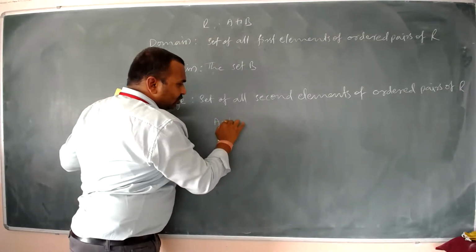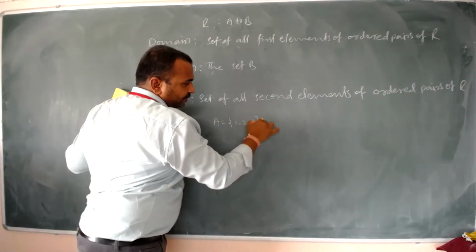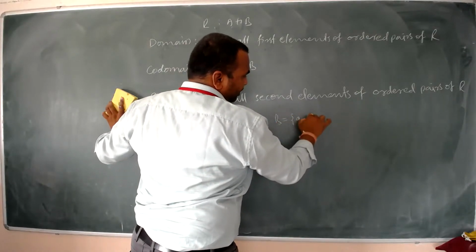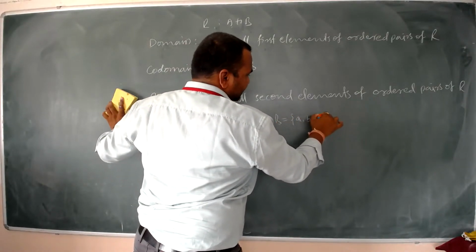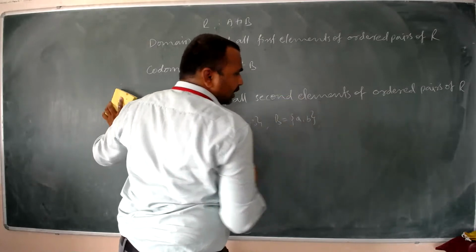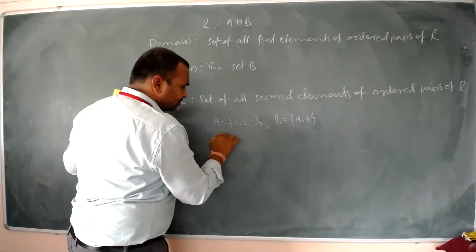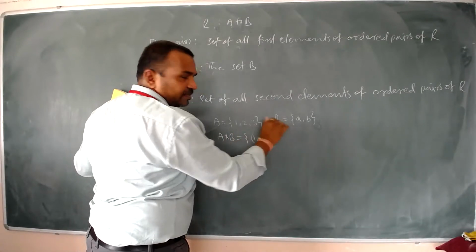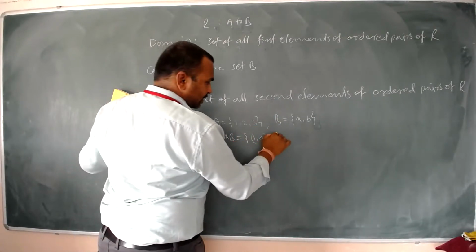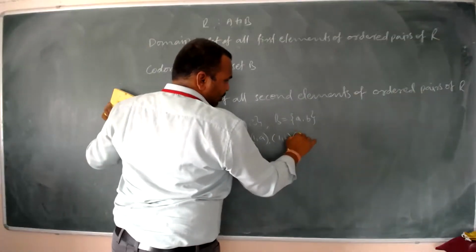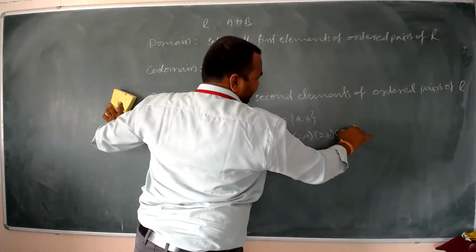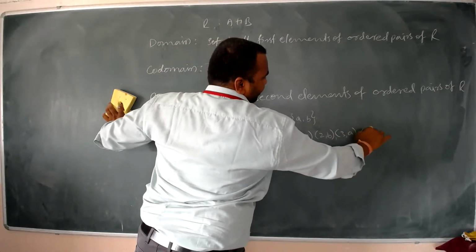So A is equal to {1, 2, 3}. B is equal to {a, b}, keep as it is. Next, first find out A cross B. A cross B means we will get ordered pairs: 1 comma a, 1 comma b, 2 comma a, 2 comma b, 3 comma a, 3 comma b.